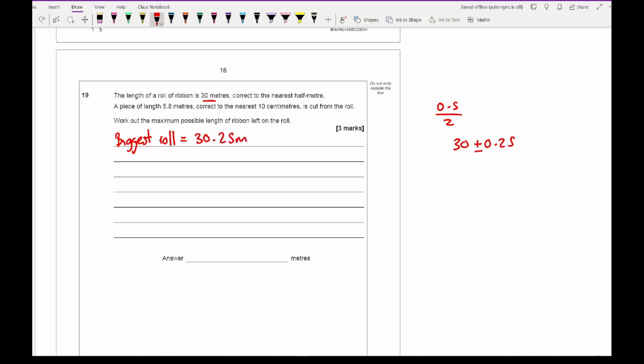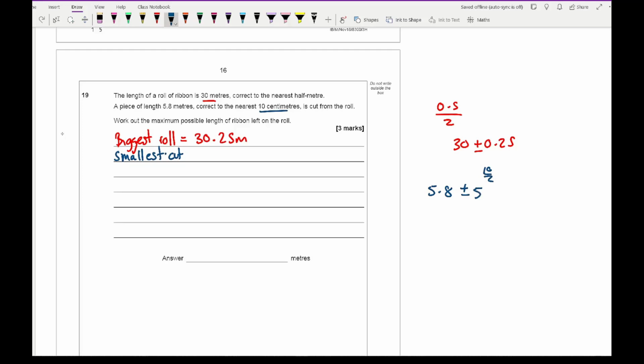meters. Now what we want then is the smallest cut, because we want the biggest amount left. And so we've got 5.8, and then plus or minus the nearest 10. So it's 10 divided by 2, which is 5.